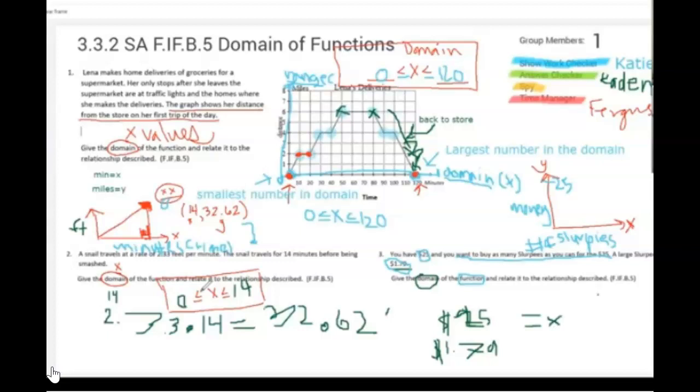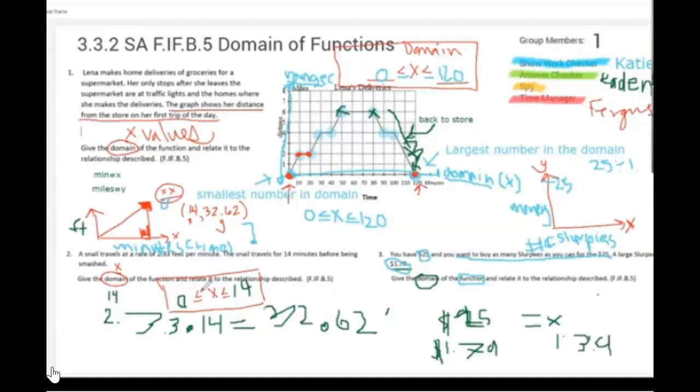Make sure, show work checker, that we're showing where our numbers have come from. I got 13.9 Slurpees.